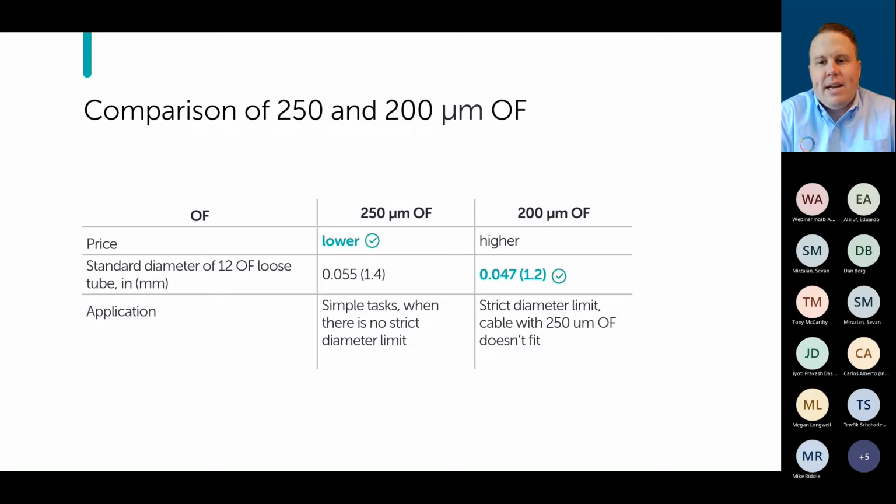Again, if you've got a strict diameter limit, say pre-existing duct with only a limited amount of space to put a microduct through, you may drop down to that 200 micron.